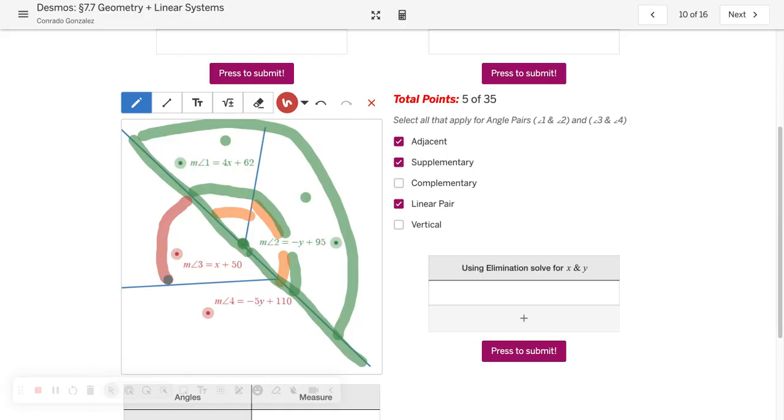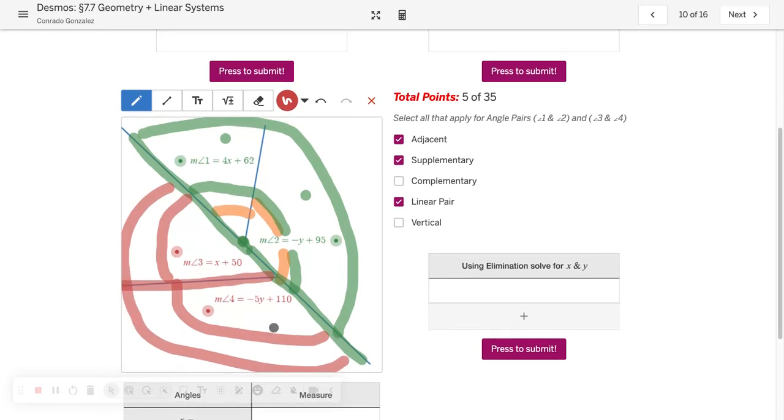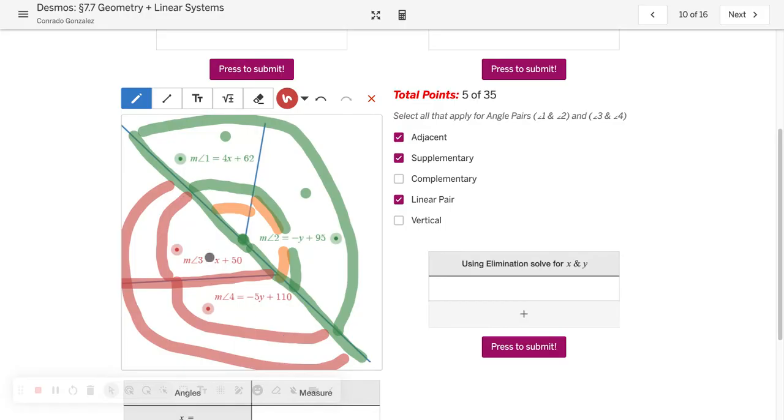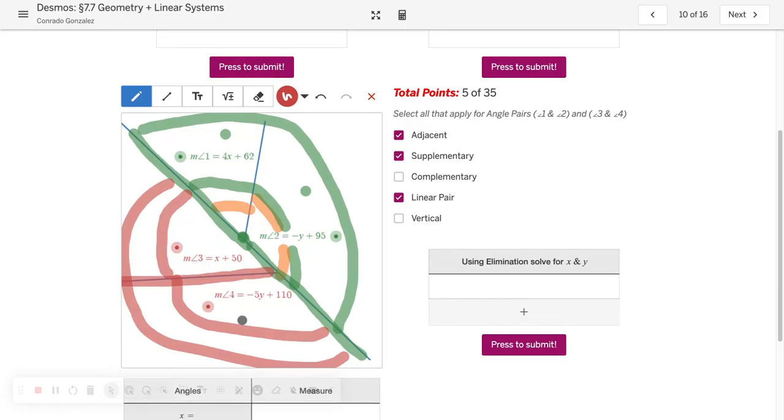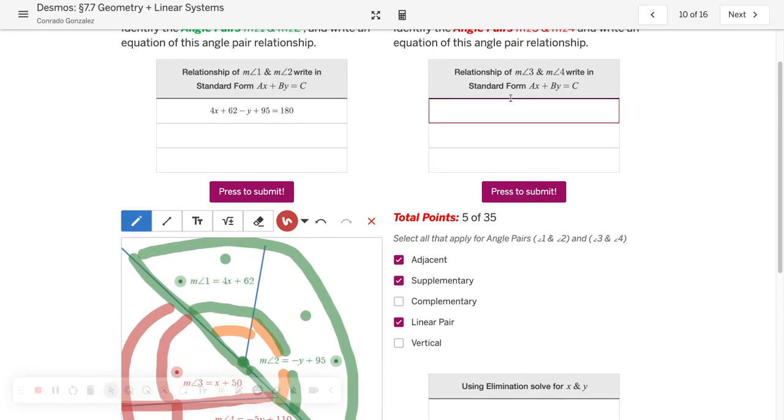Now for the red angles, measure of angle 3 and measure of angle 4: this angle and this angle also form a linear pair, also are supplementary, and they are adjacent because they share the same ray, and that means they sum to 180. So I'm going to put them here.